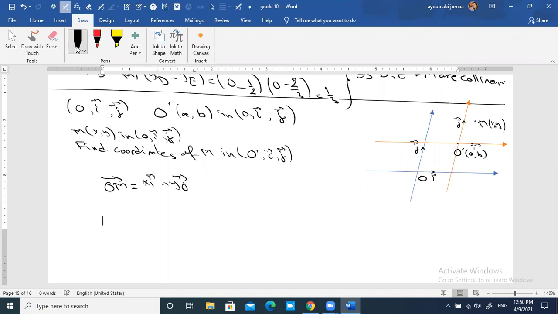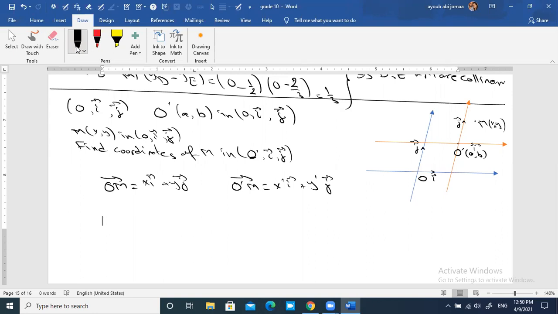In order to find coordinates of point M in the system O prime IJ, you have to find O prime M as a linear combination X prime I plus Y prime J. The origin is O prime, so O prime M as a linear combination of I and J.